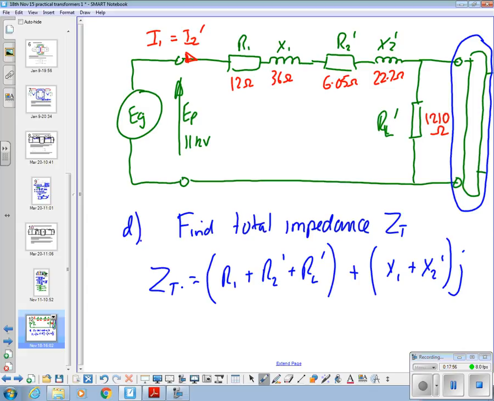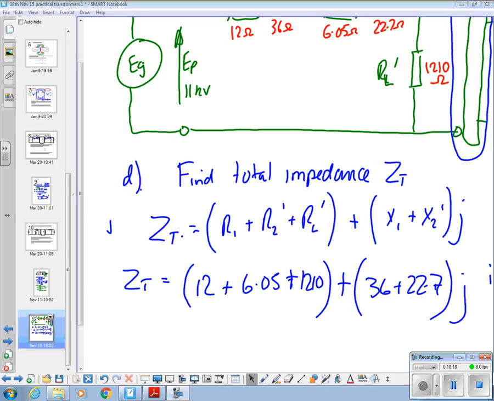What we're effectively doing is turning that circuit into one resistor and one reactance in series. You all okay with that? So we put the numbers in. That's the numbers in full. You can put it in a calculator like that, but it might be as well to put the extra step in.